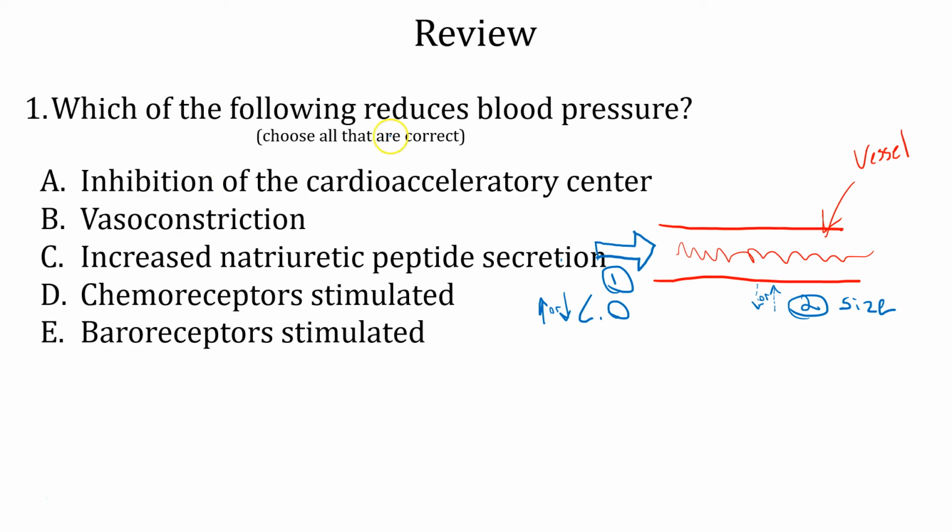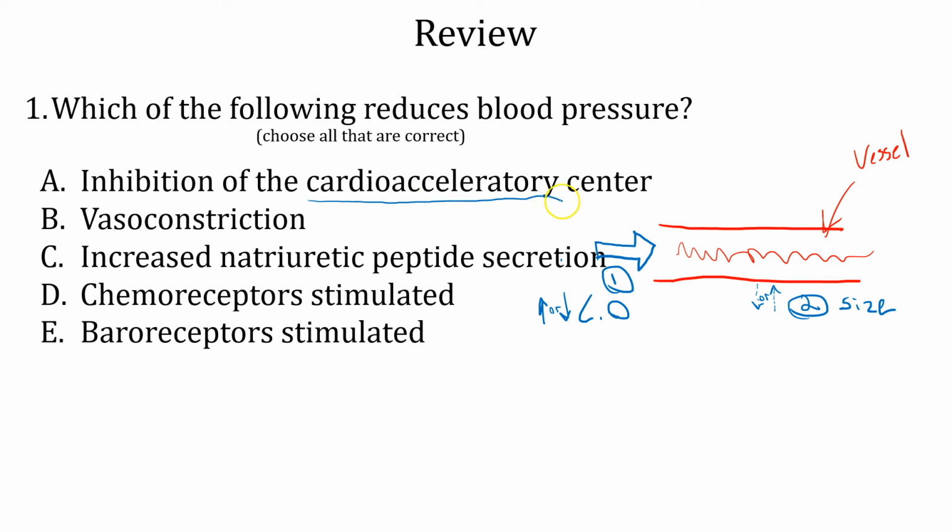The question is asking which of the following scenarios are going to reduce blood pressure. And there's going to be multiple of them here, so you can choose whichever one is correct. So the first one says the inhibition of the cardioacceleratory center. Okay, so the first thing you have to try and decide is, between changing cardiac output or changing size, which would be the effect here of the cardioacceleratory center.